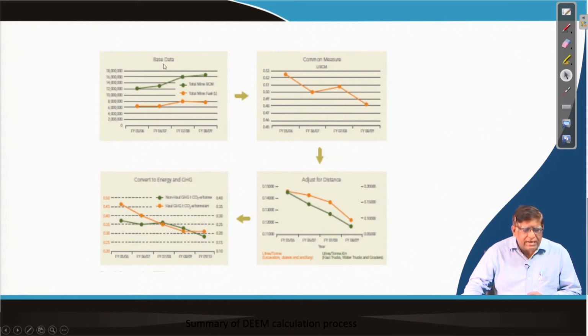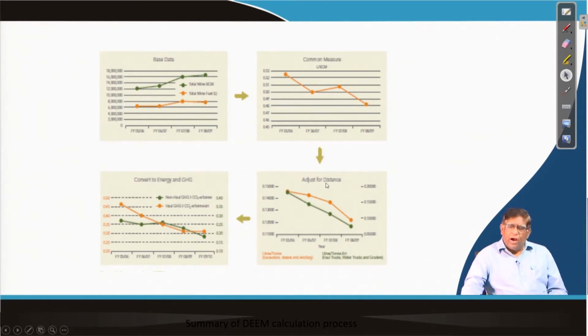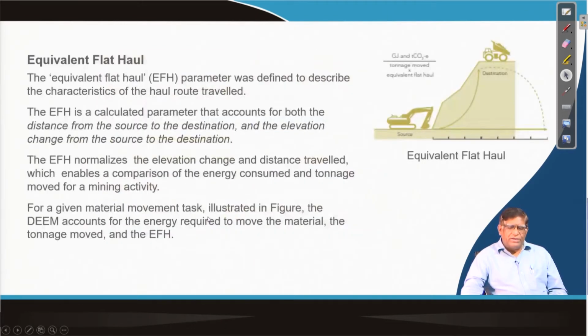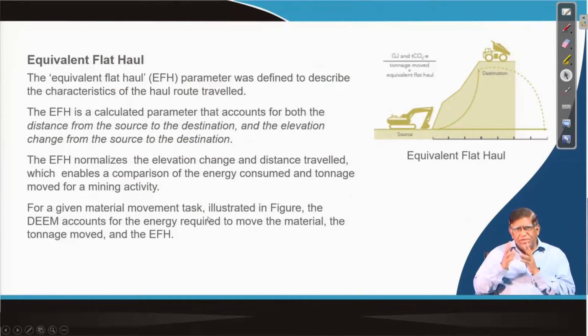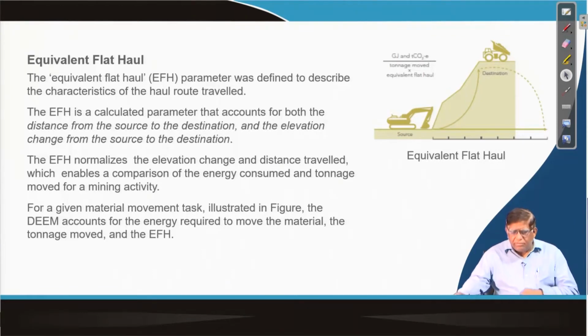They collect the base data and make a basic analysis: how the truck is doing distance-wise, how it is doing in terms of total elevation, and how much greenhouse gas is emitted, converting all these things. Now, the basic concept when you are getting the distance traveled: the truck travels from the pit bottom to the pit top where they are dumping.